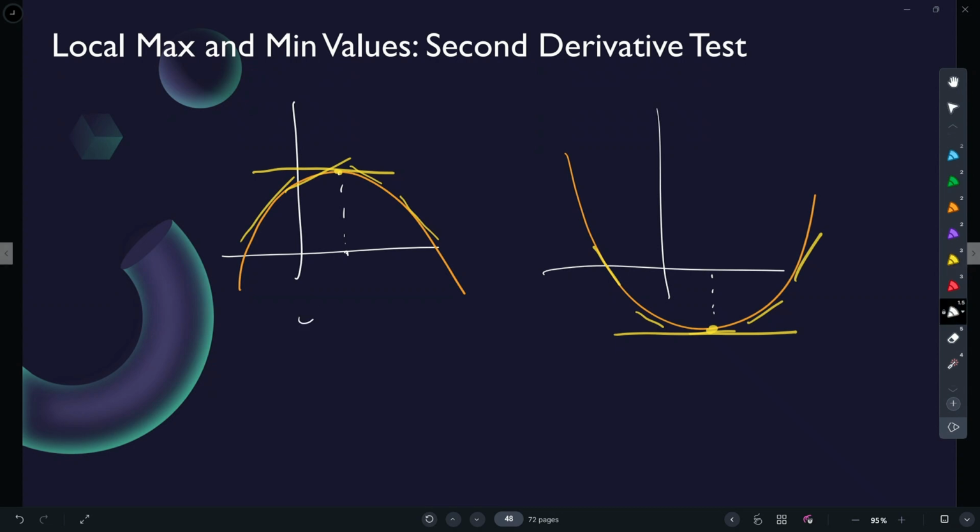So that means that here the second derivative, the rate of change of the first derivative, is negative. So the second derivative must be negative on top of the first derivative being 0, while here the second derivative is positive while the first derivative vanished, right? So using this test, we could tell in one variable if we have a local max or a local min. So we have something similar in 2 dimensions.